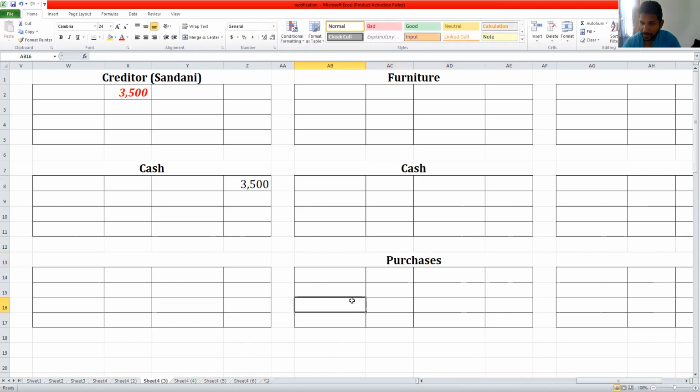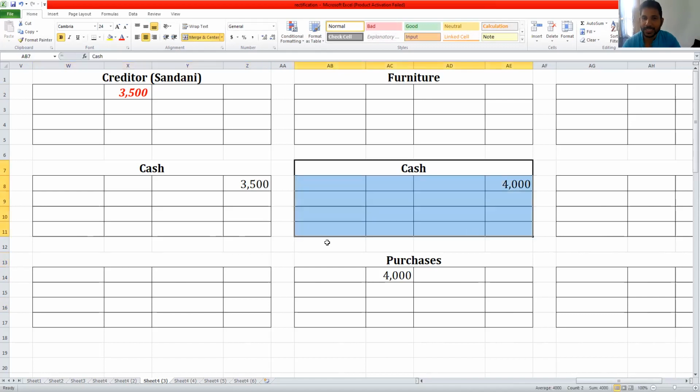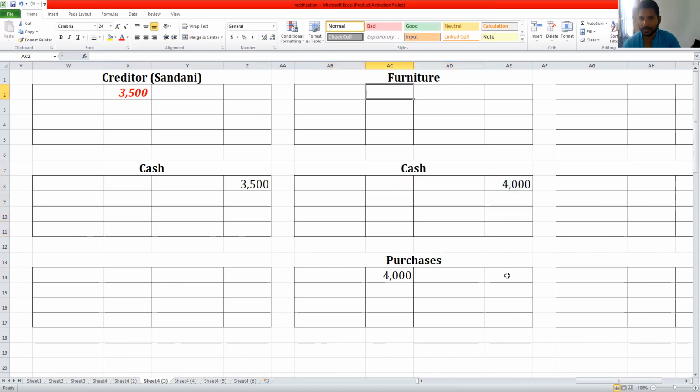That means purchases is debited by 4,000, cash is credited by 4,000. Try to understand. Here, the cash is correct. But it is not to debit it to purchases. What we should do now?